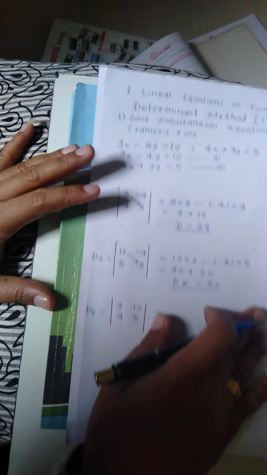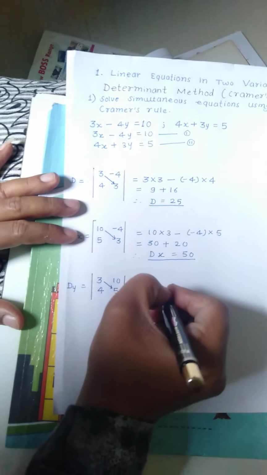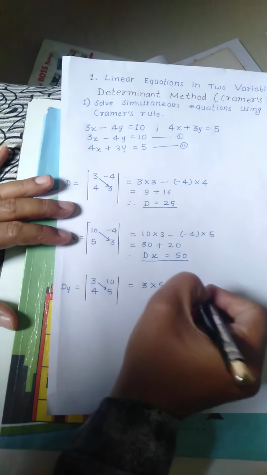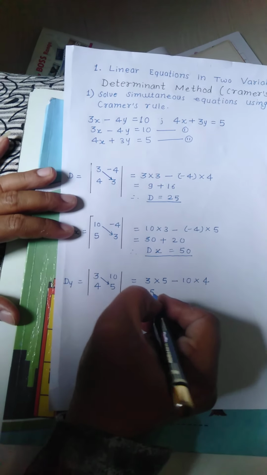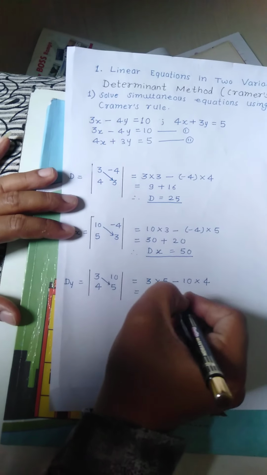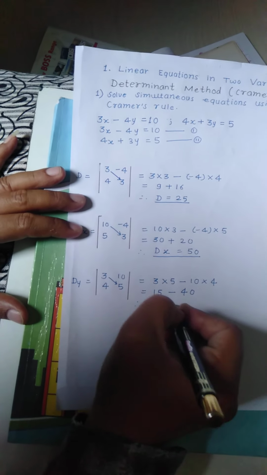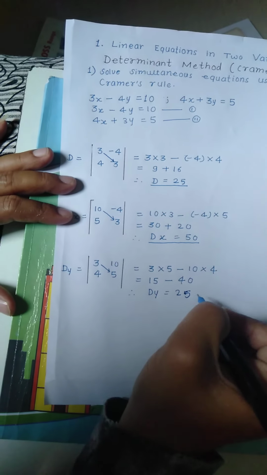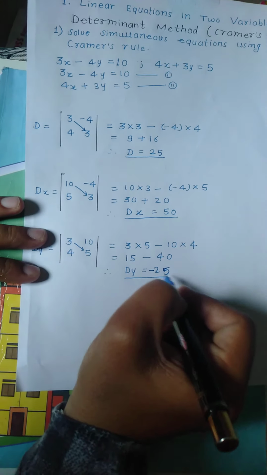Also here cross multiplication and subtraction: 3 into 5 minus 10 into 4. 3 5s are 15 minus 10 4s are 40. Therefore we get Dy equal to, there is a subtraction, minus 25. So the value of Dy is minus 25.